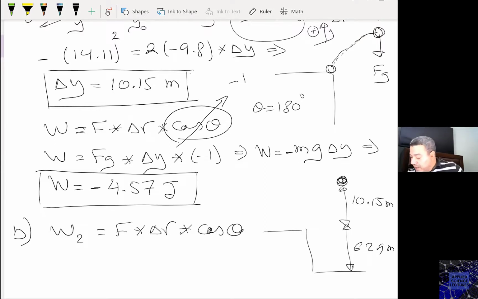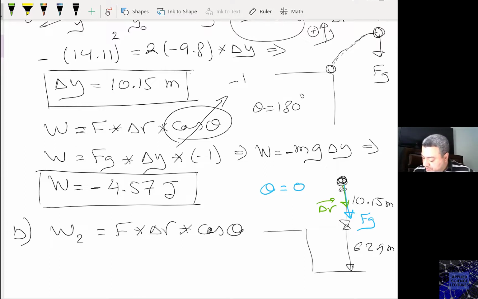Now look what's going to happen. The ball is going to fall from the maximum height towards the ocean. In this case, the displacement vector will be pointing downward, and the gravitational force is also pointing downward. So theta in this case becomes 0.